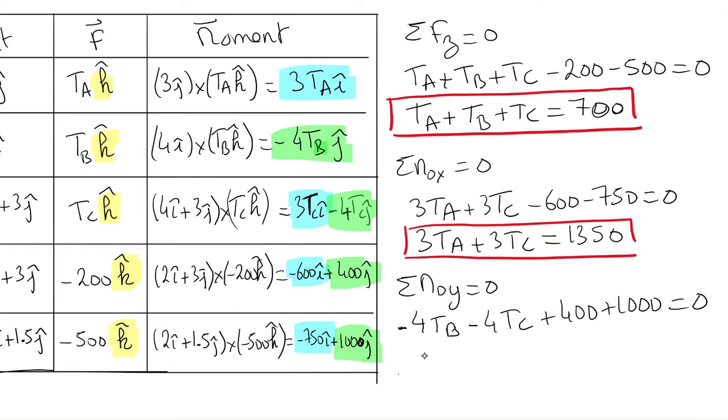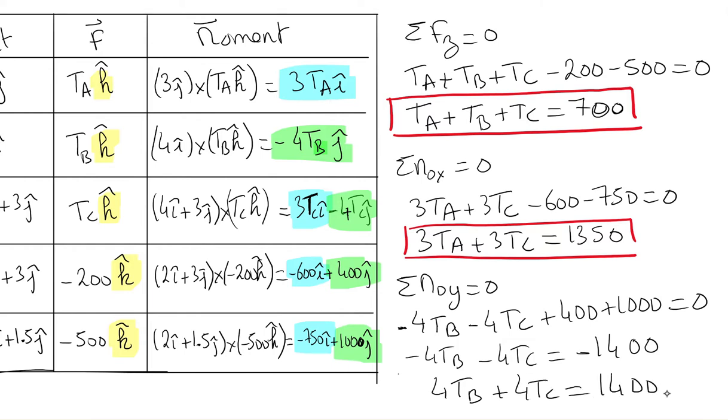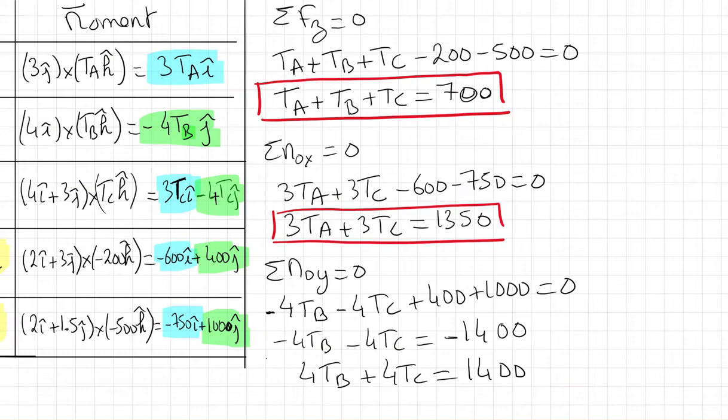And it gives us minus 4 TB minus 4 TC is equal to minus 1400. So let's write 4 TB plus 4 TC is equal to 1400. You can divide by 4 if you want everywhere, it will be a round number. This one you can divide by 3 if you want.